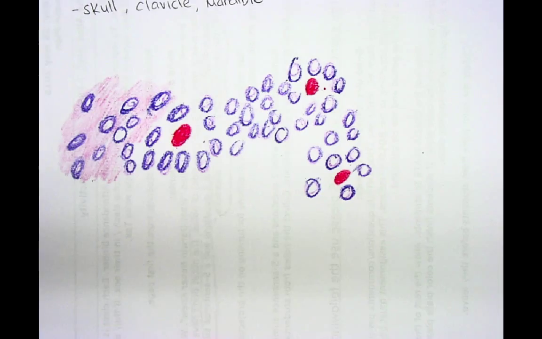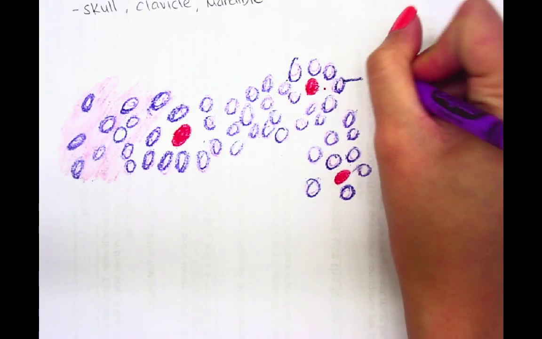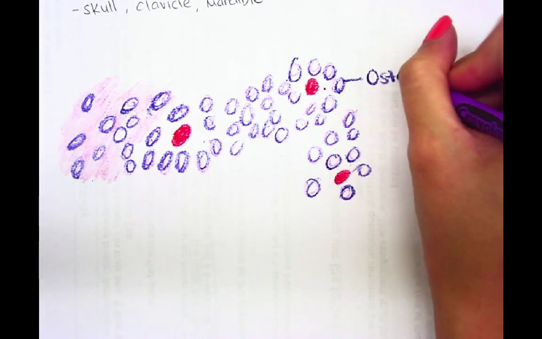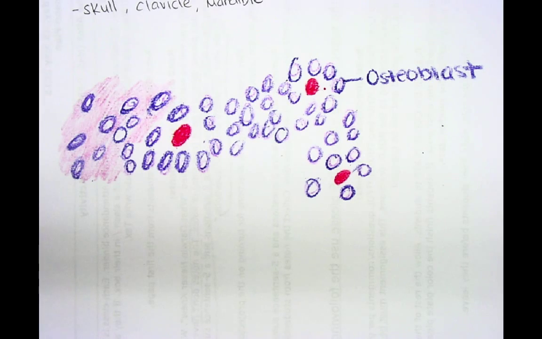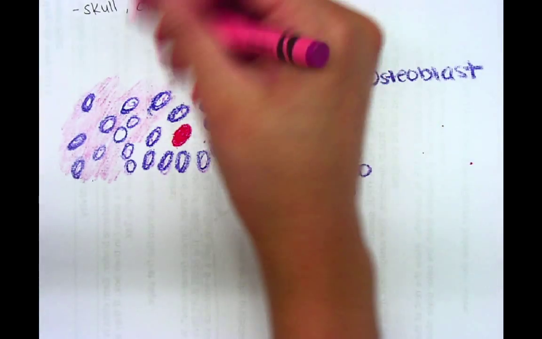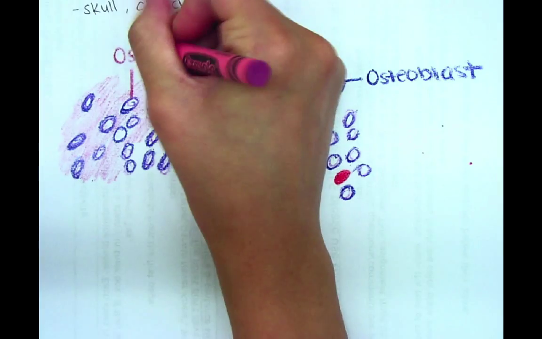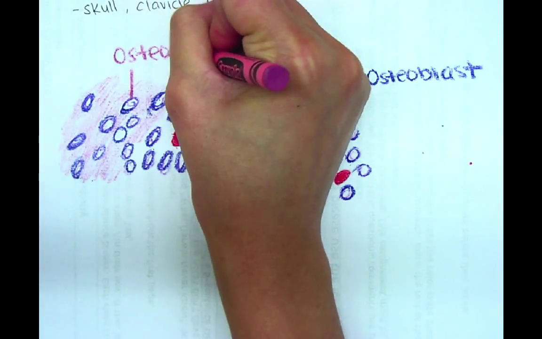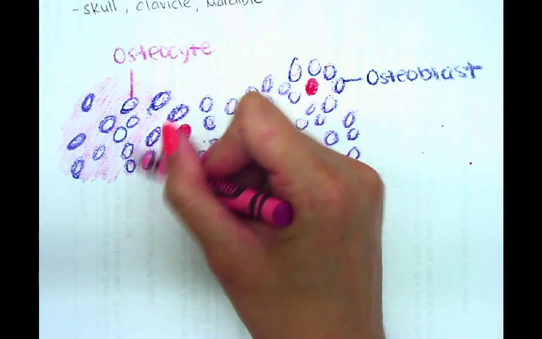So for example, here you have an osteoblast and it's not covered in bone matrix yet, then it's still considered an osteoblast. But as soon as it's covered in bone matrix, then it is known as an osteocyte. And then from there on out, its main job is to make bone matrix, more bone matrix.